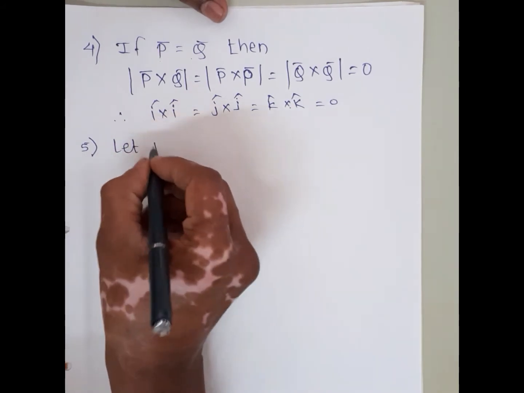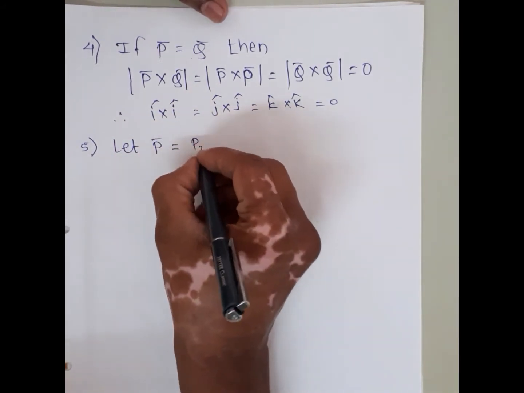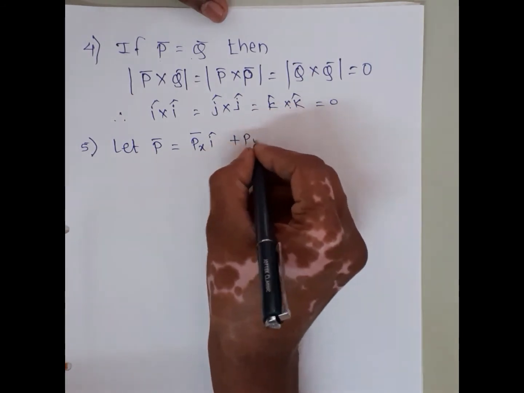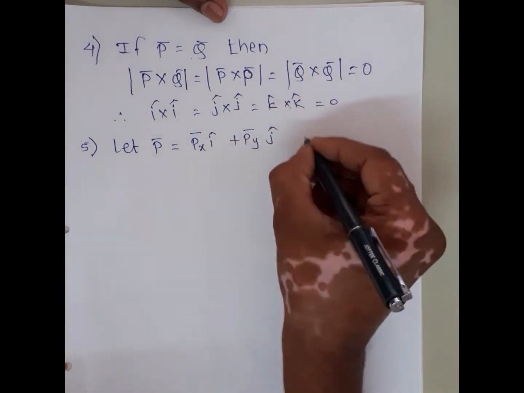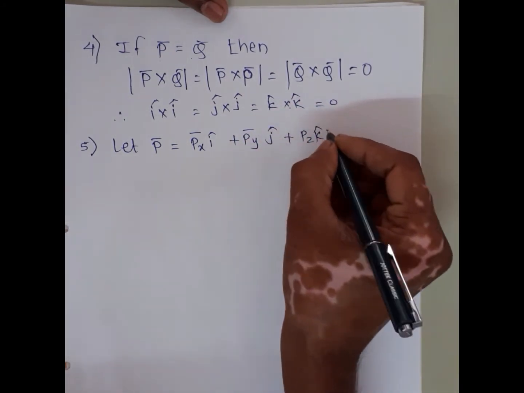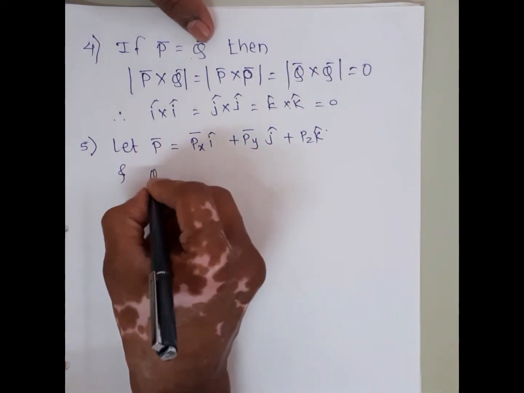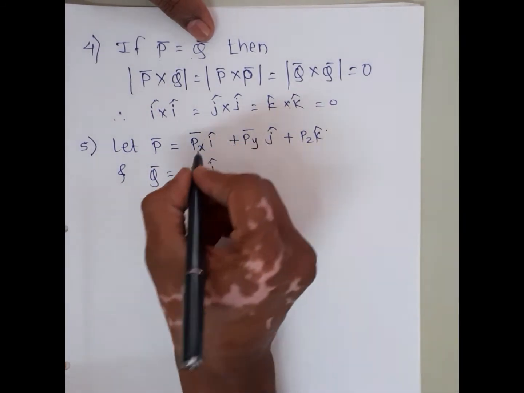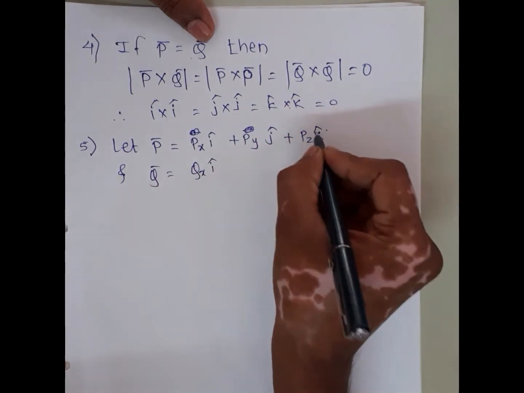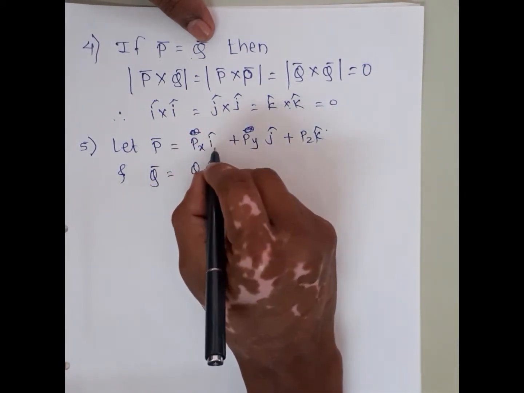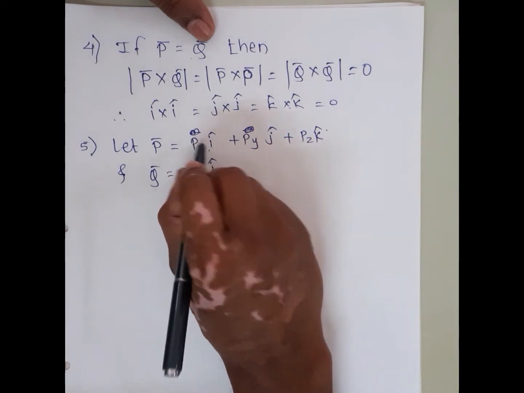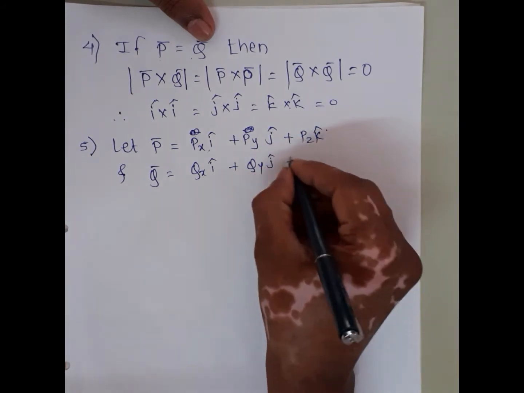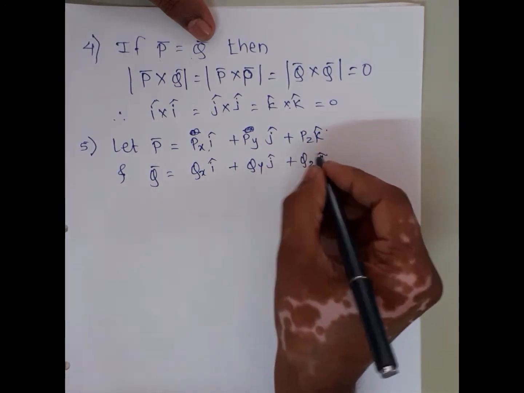Okay, so the fifth property is what? Let P bar is equal to Px i cap plus Py j cap plus Pz k cap, and Q is equal to Qx i cap plus Qy j cap plus Qz k cap.